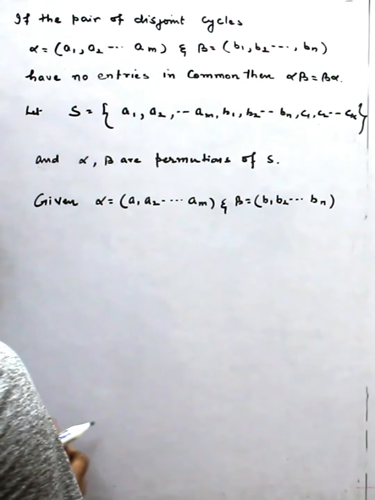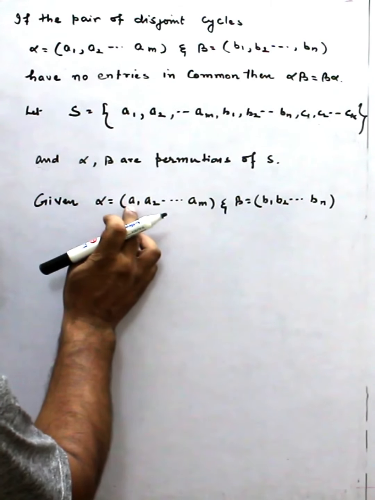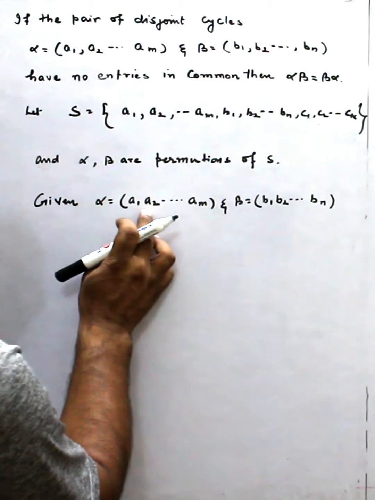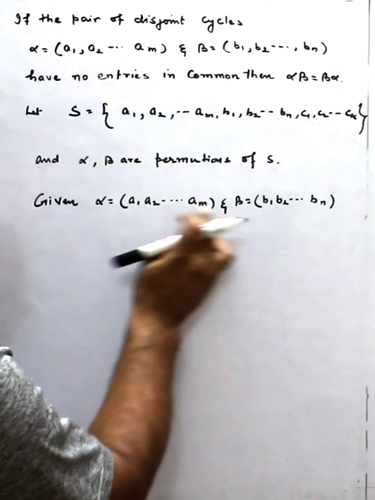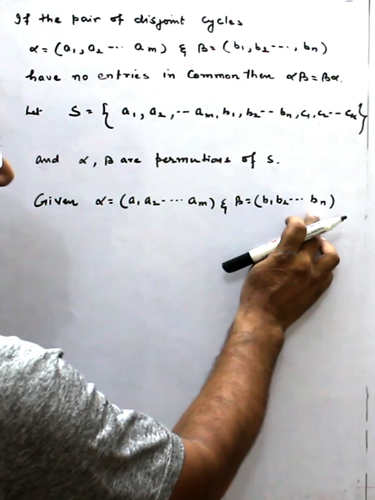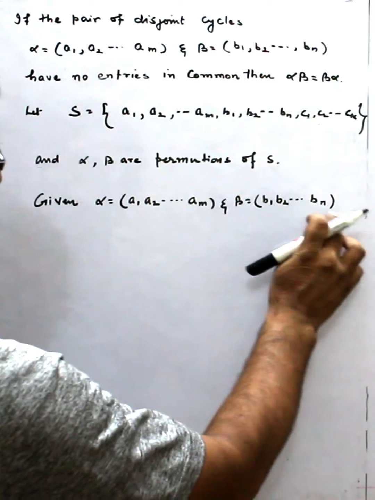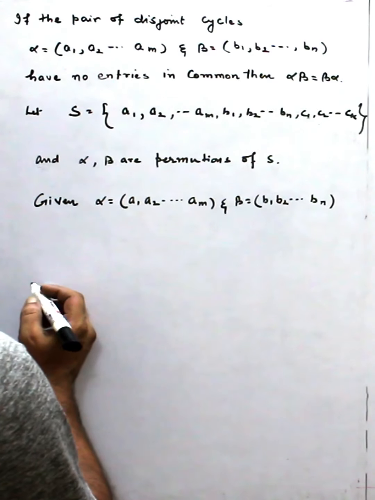This is given. So one thing we know: in alpha, A1 goes to A2 and A2 goes to A3, and the last Am goes to A1, and in beta, B1 goes to B2 and B2 goes to B3, like this, and the last element returns to B1. This is a cycle.